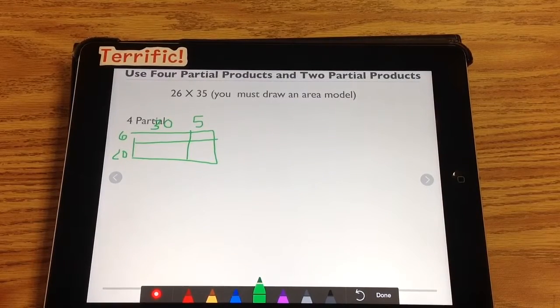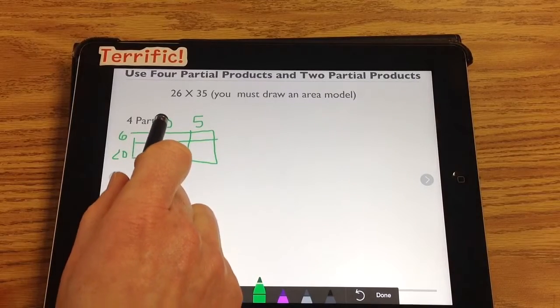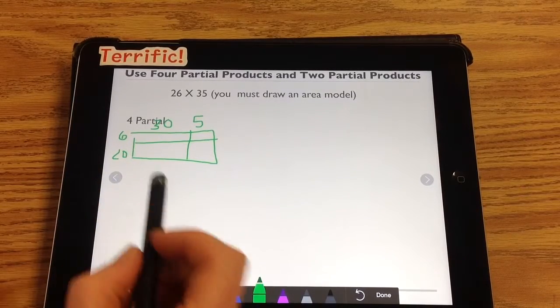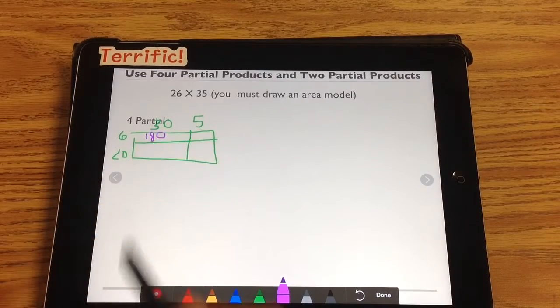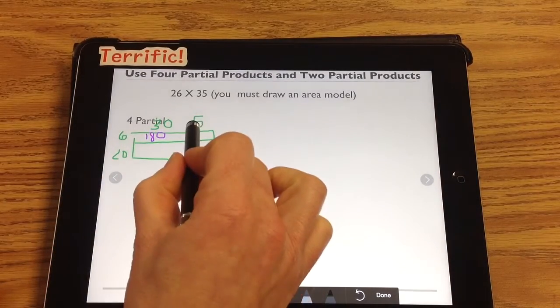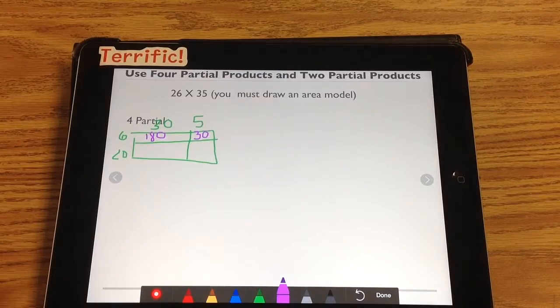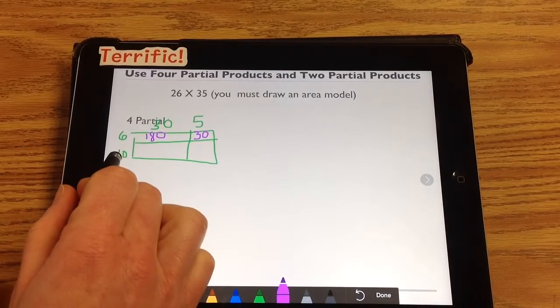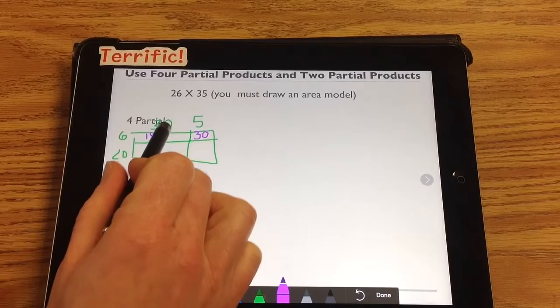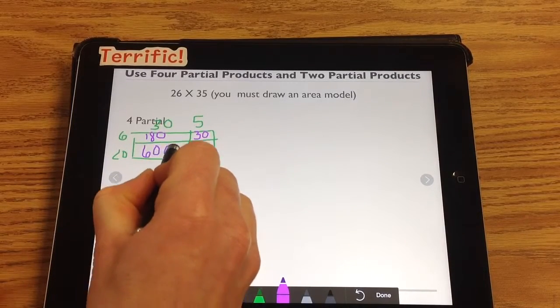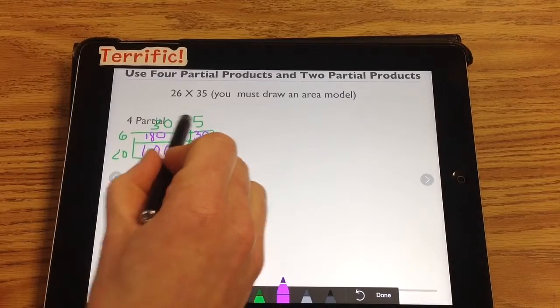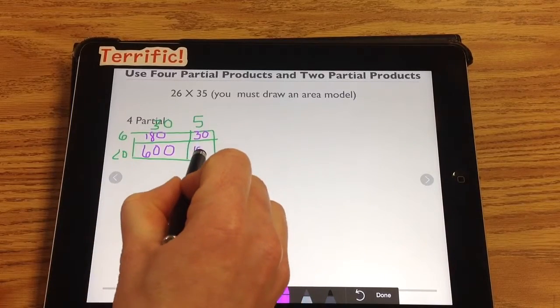We're just going to say it in our heads to ourselves. 3 tens times 6 is 18 tens, which is 180. 6 ones times 5 is 30 ones. 2 tens times 3 tens is 6 hundreds. And 5 times 2 tens is 10 tens.